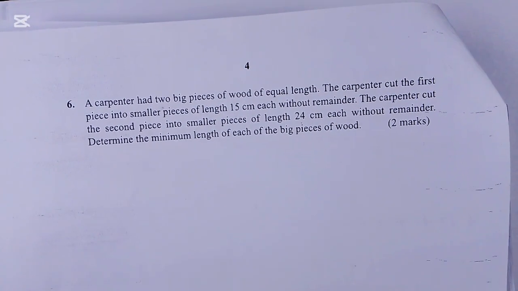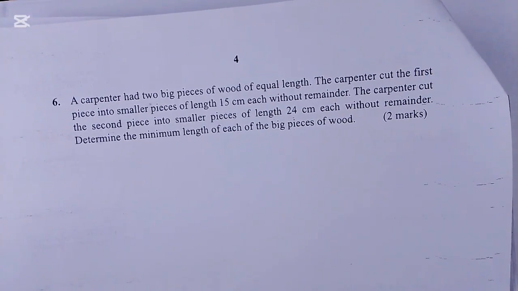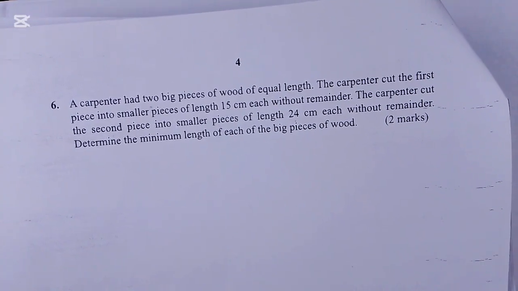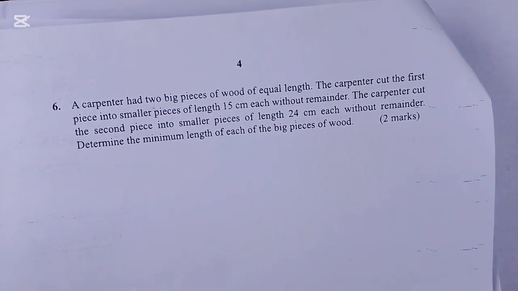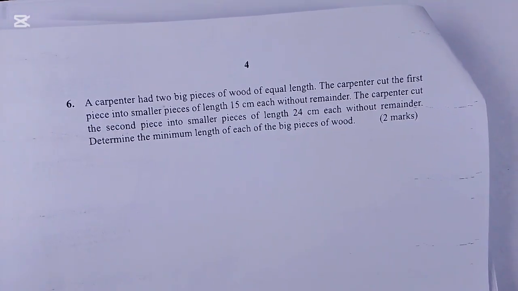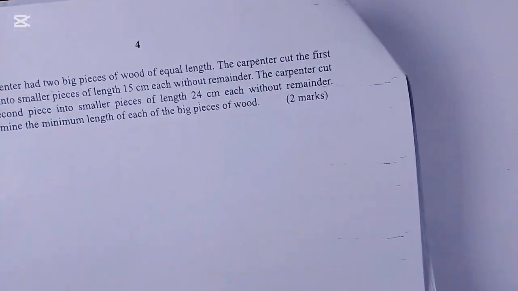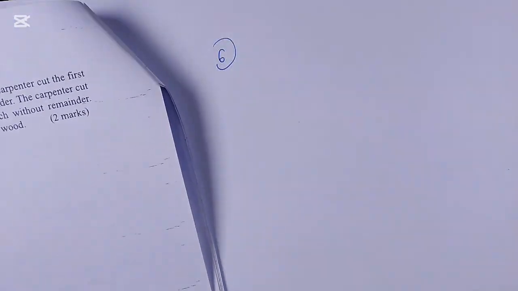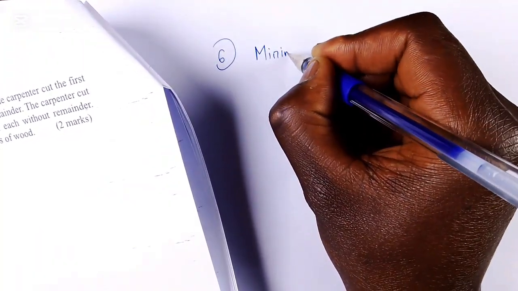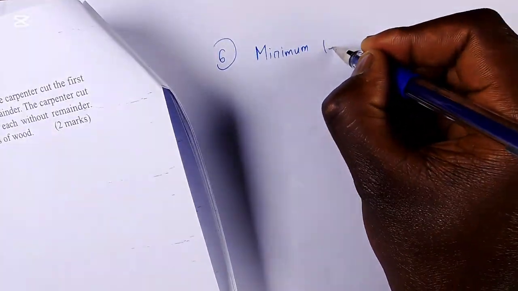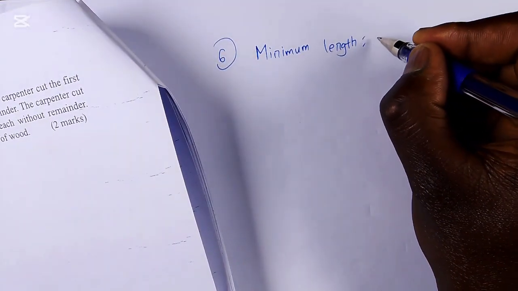2 marks. So we have been given the lengths of the smaller pieces that the carpenter is cutting. The first one is 15 cm and the second one is 24 cm. And the question is asking, determine the minimum length of each of the big pieces. So when we are told to determine the minimum length, in simple terms, we are being told to determine the LCM, the least common multiple.